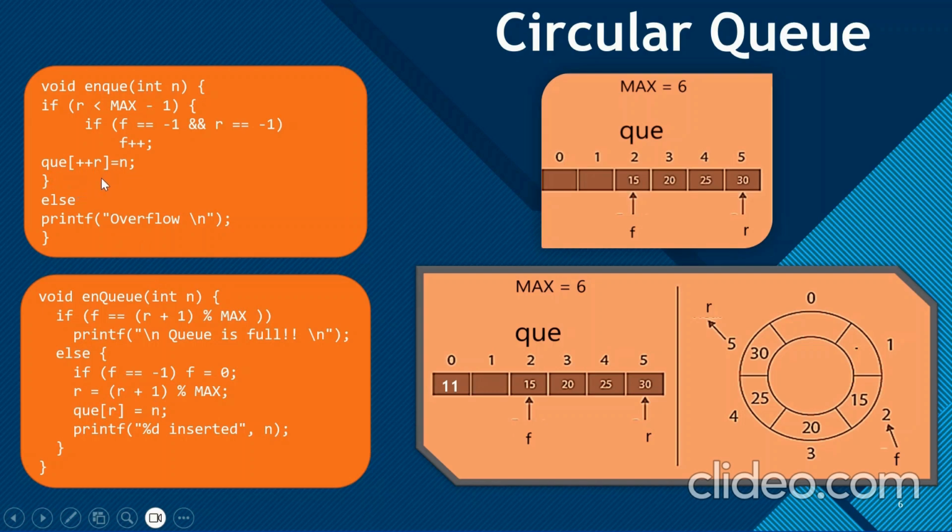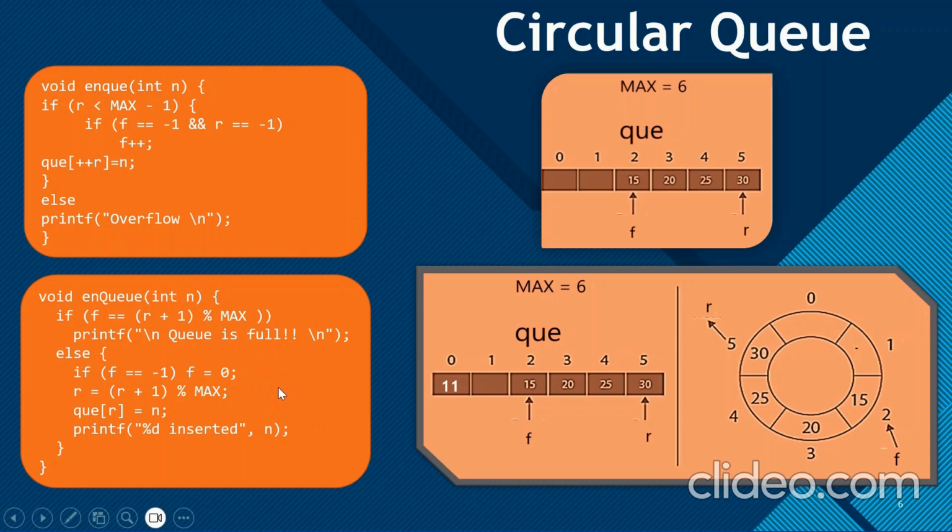In a linear queue, you simply pre or post increment the rear pointer and then insert the element. Whereas in this circular queue, you increment r in this way: r is equal to (r plus 1) mod max. So r would now be 0, and at the 0th position 11 would be inserted. I am assuming here that n is equal to 11, or the element to be inserted is 11.